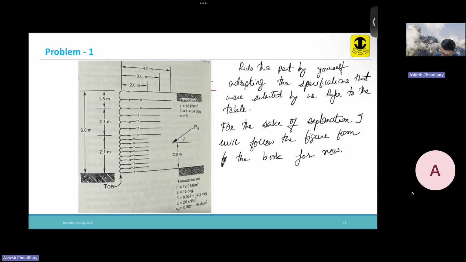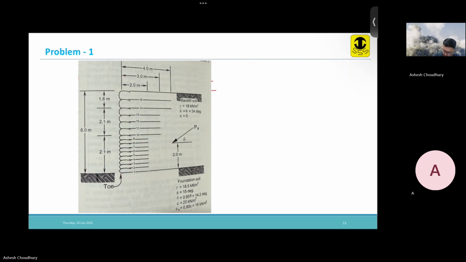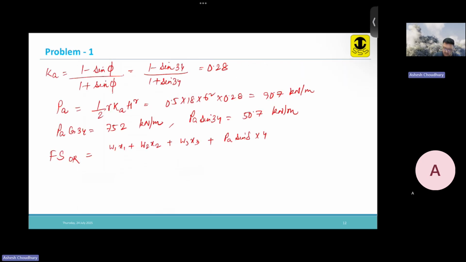This will be acting from here to here, which is 4 meters. That's why we're taking 4, and we are calculating the moments about the toe. So what are W1, W2, W3, that we will see now.